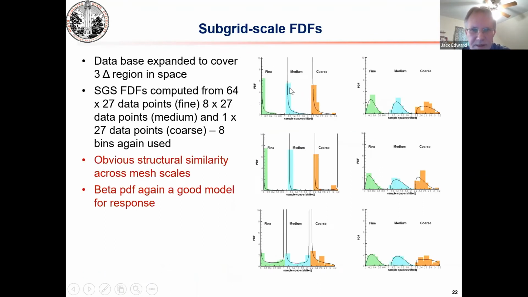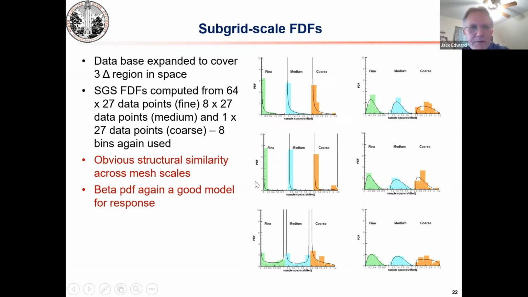And then we decided, how does this extend to scale similarity? Can you show that for this MRA hierarchy, the data is in fact self-similar with regard to this measure? So we did the same thing. We just expanded the database to allow us to calculate the FDF, and we could see that there was a structural similarity.